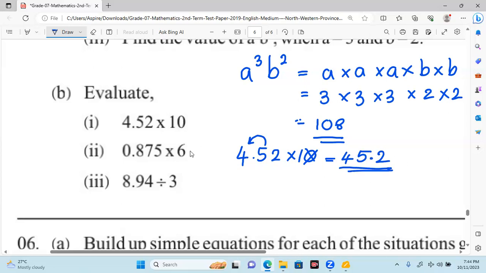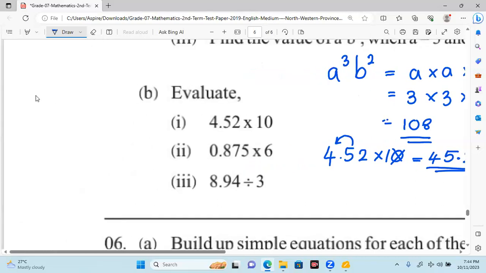Then when you multiply a decimal number by a whole number, you can just forget about the number of decimal places in the decimal number, and you can just multiply. Okay. So 6 into 5, it is 30. 3 remaining. 6 into 7, it's 42.